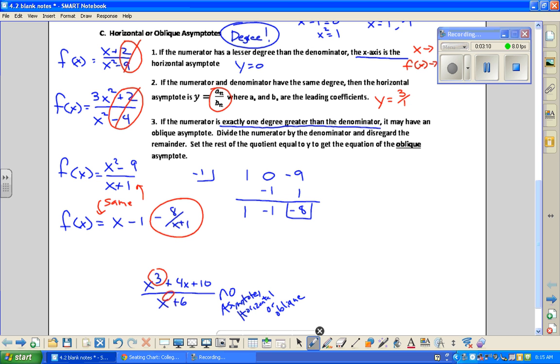Divide by a really big number. What happens when you divide by a really big number? And the bigger the number gets, your ratio becomes closer to what? 0.